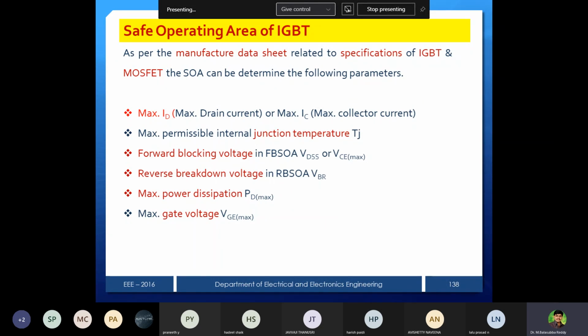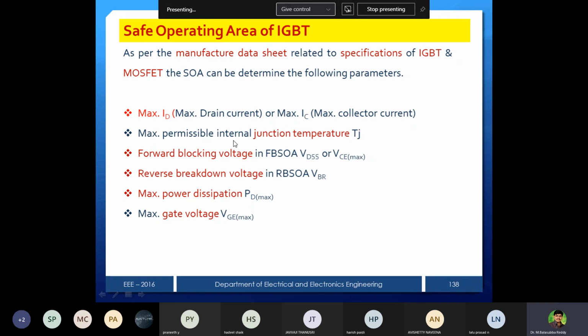Another one is the safe operating area of the IGBT. There is a maximum ID, because there are some parameters we need to consider to find the safe operating region, like the MOSFET in yesterday's class. In a similar fashion, we consider the maximum drain current, or in the IGBT case, the collector current.